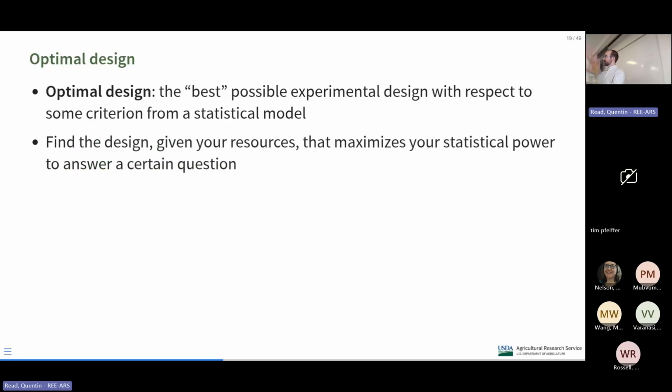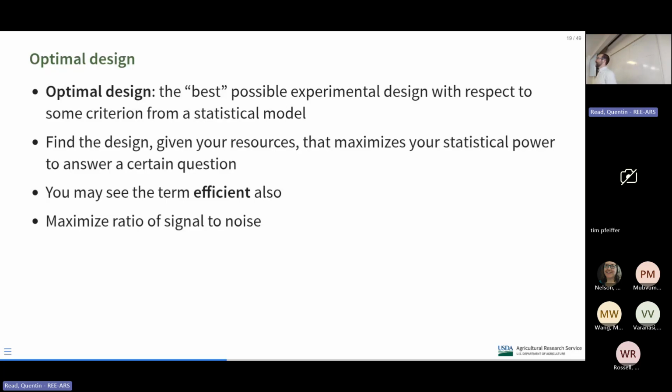So given the resources and constraints you have, we can always find a design that gives us maximal statistical power to answer that question. It's not necessarily absolutely high power, but it's the highest we can get with the resources we have. And in the stat literature, you also see the term efficient that has the same meaning.